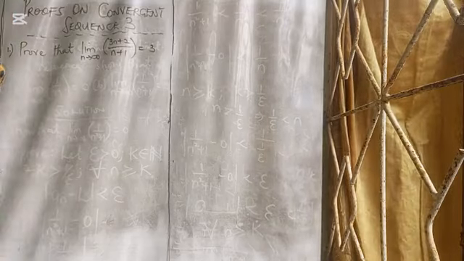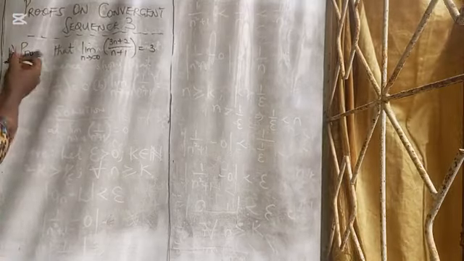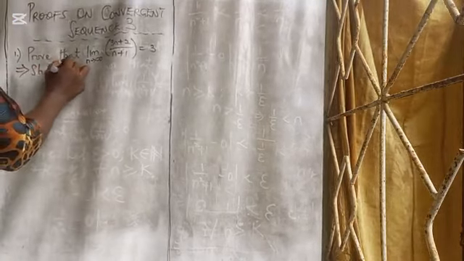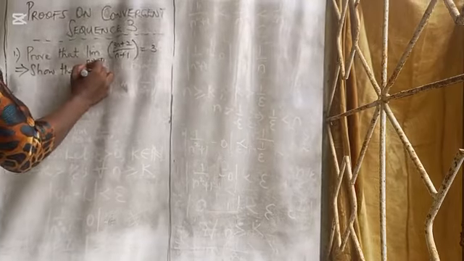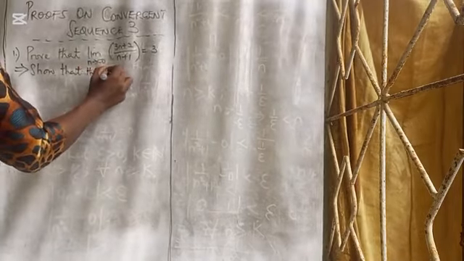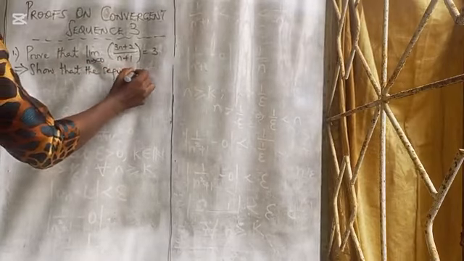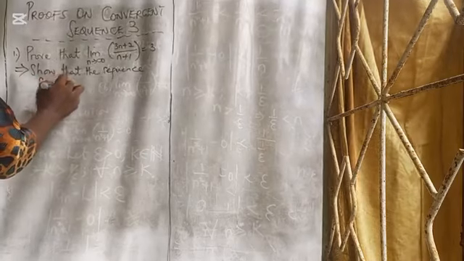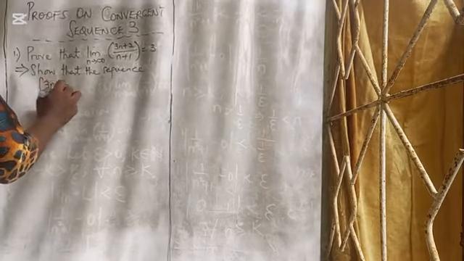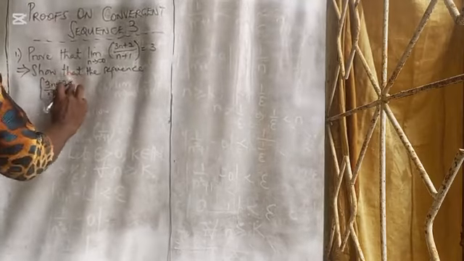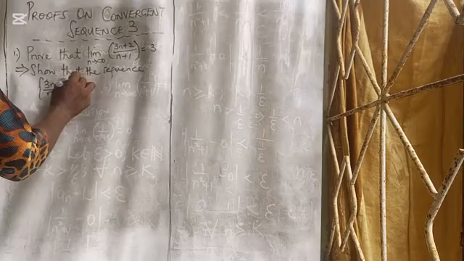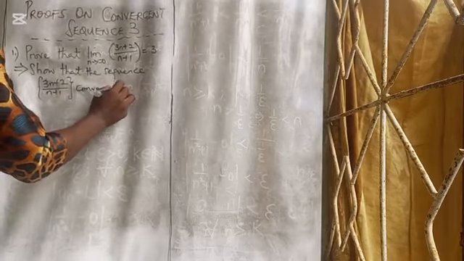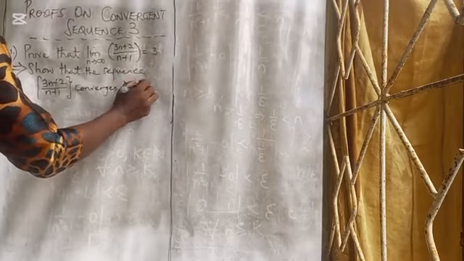That implies that we should show that the sequence 3n plus 2 over n plus 1 converges to 3.